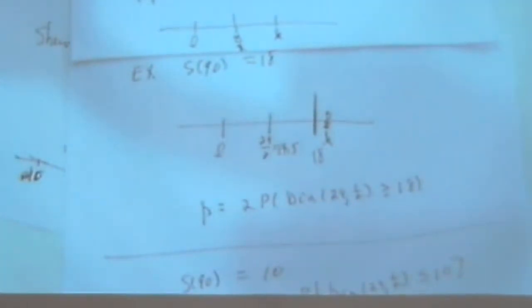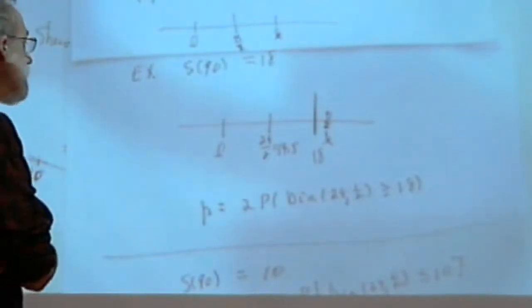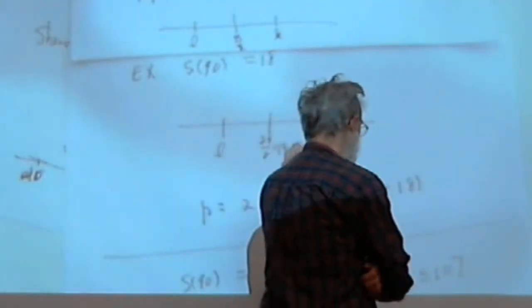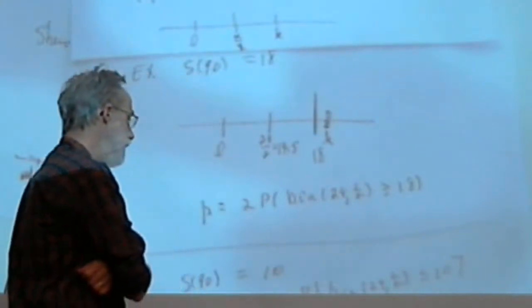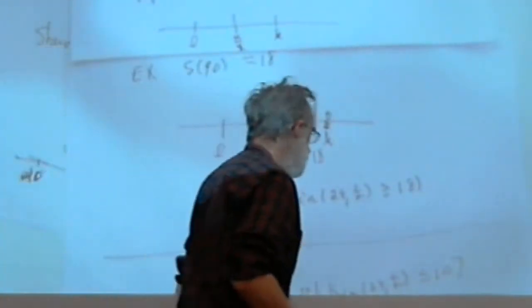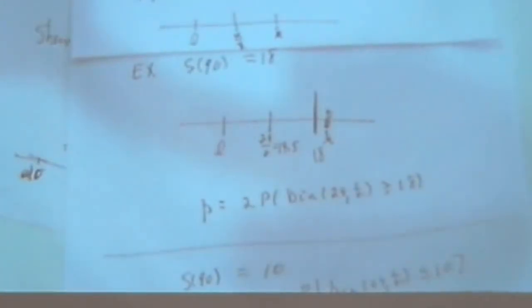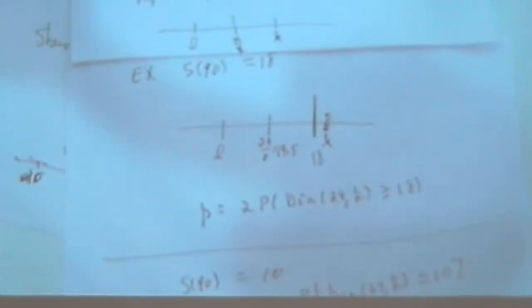So if you were doing a two-sided test with our data, the p-value would be 26%. Right? 2 times 0.13. Of course, you remember, it didn't come out to be 10. Any questions on the sign test?